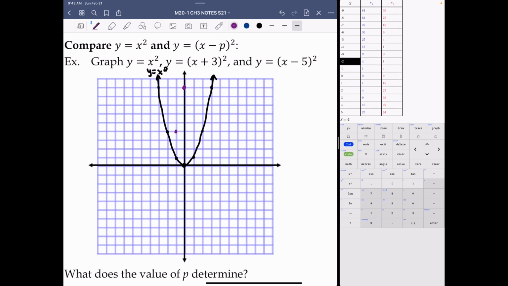When x is -2, y is 1. When x is -3, y is 0. When x is -4, y is 1. When x is -5, y is 4. When x is -6, y is 9. And then I can join those points together. And that's our graph of y equals bracket x plus 3 close bracket squared.